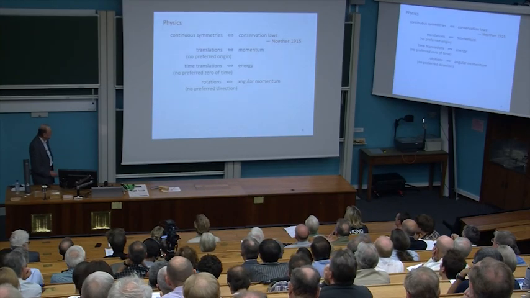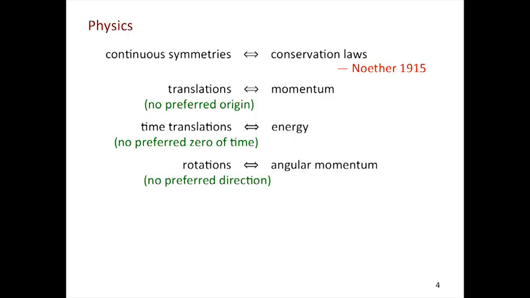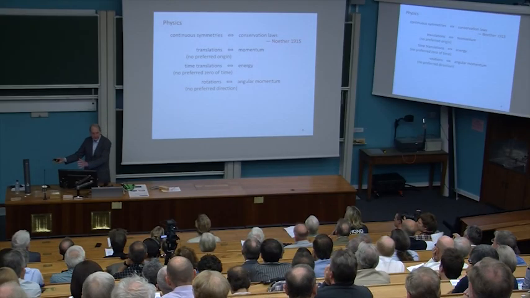For example, translational symmetry. Translational symmetry means that you can move the system to somewhere else and it will behave exactly the same way. There's no preferred origin in space. And that implies momentum conservation.